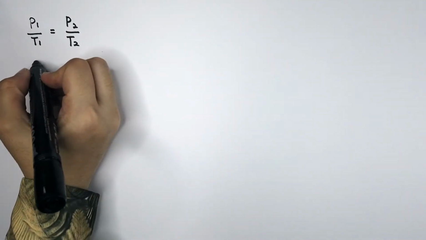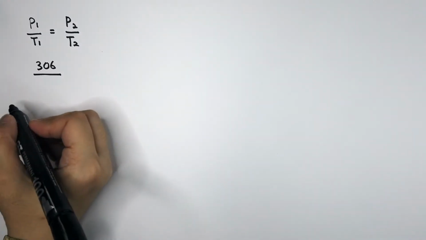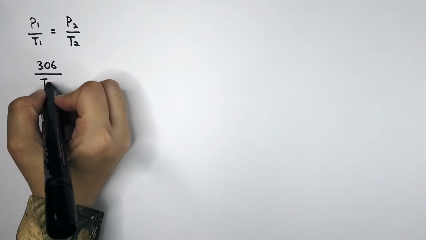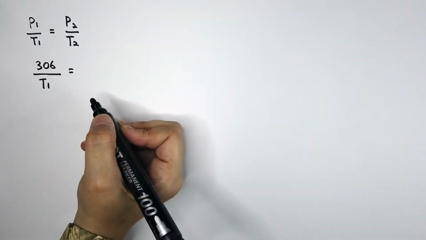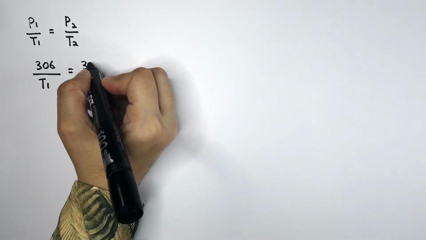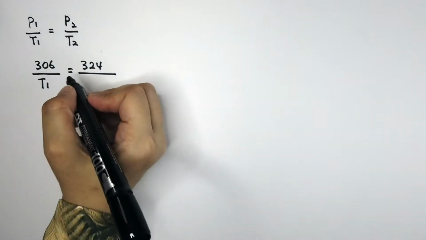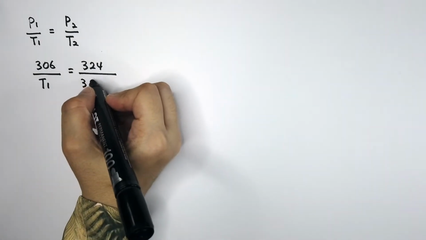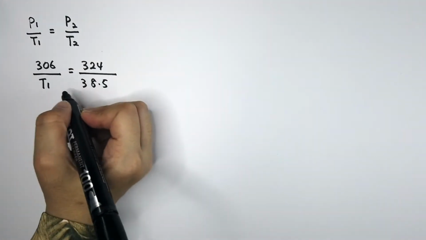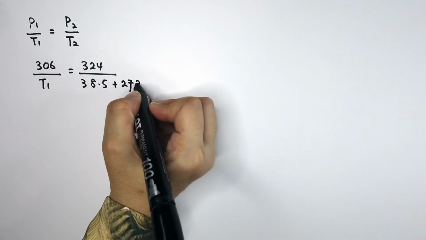So it shall be 306 for the initial pressure, and the initial temperature is the thing that we want to calculate, and the final pressure is 324, while the temperature is 38.5. So you need to convert this to Kelvin, plus 273.